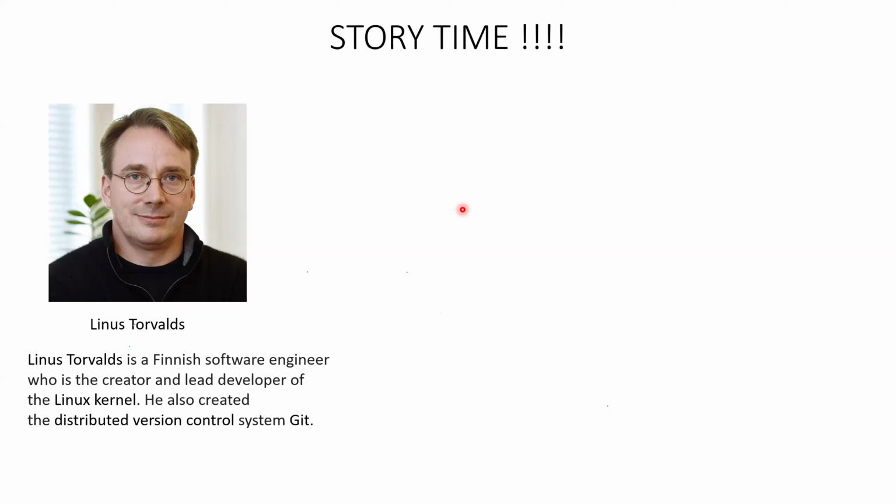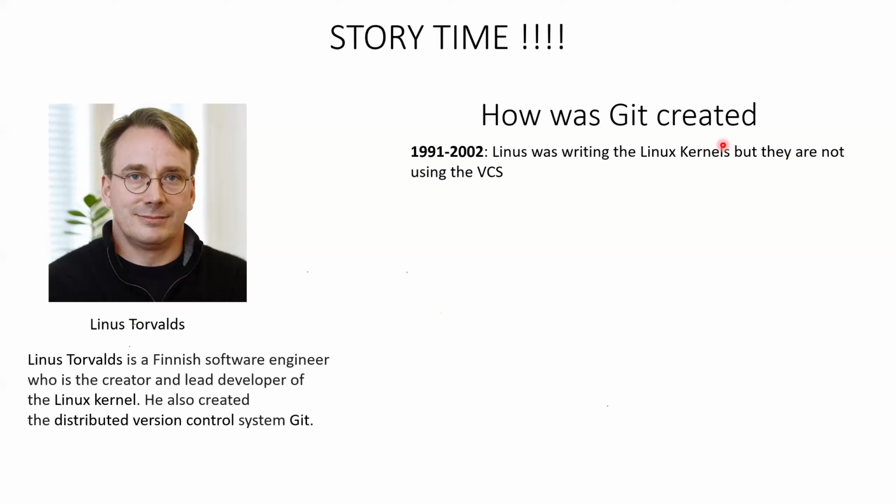Now, a very interesting story. Linux was introduced in the 1990s. So how was Git created, and when did they feel they needed something like this? In 1991, Linux was first introduced, a Unix-based system.